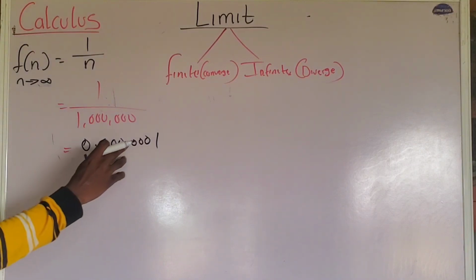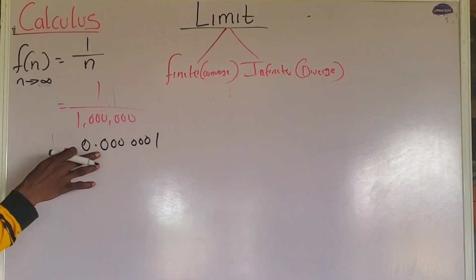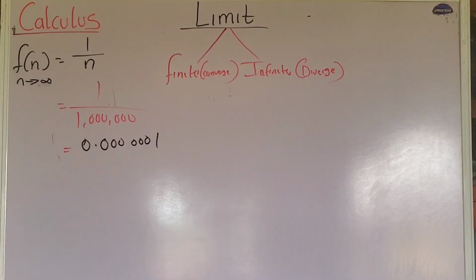You can see that the limit tends to approach 0, but it is not equal to 0. Likewise, if you substitute any larger value higher than 1 million, the limit will tend to approach 0, but it will never be equal to 0. Because the limit tends to approach a value, which is 0, that is what we call finite limit.